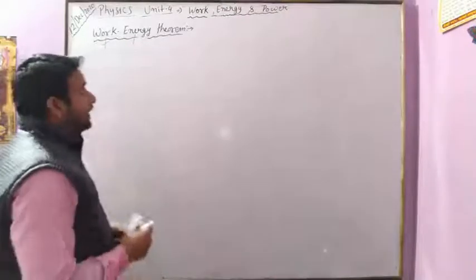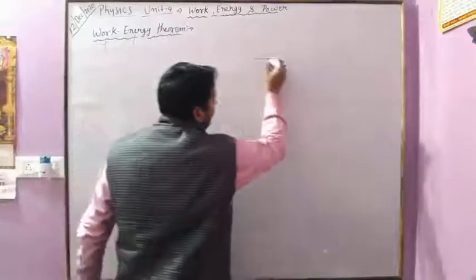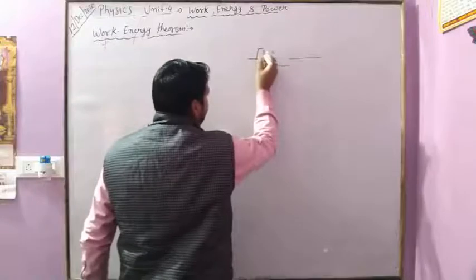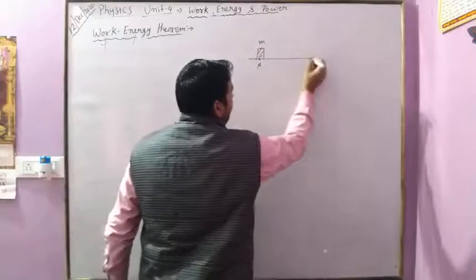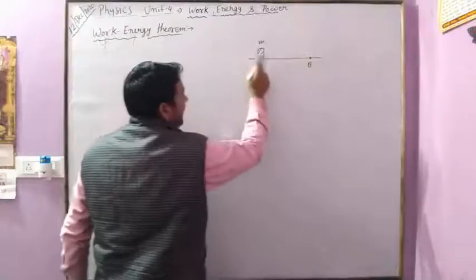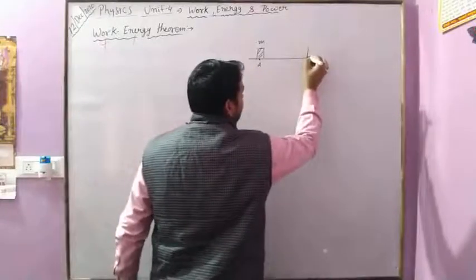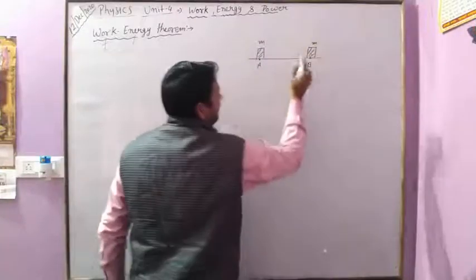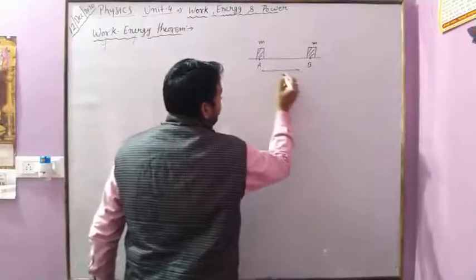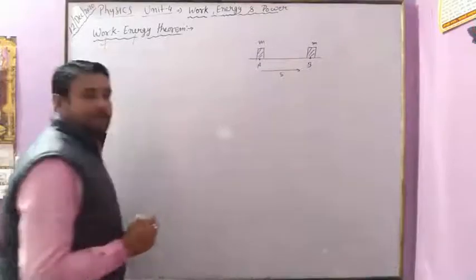Okay, so let's say we have an object of mass m initially at A, and by applying a force, that body of mass m is displaced by a distance or displacement s.